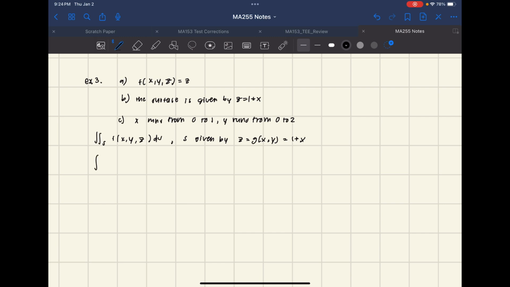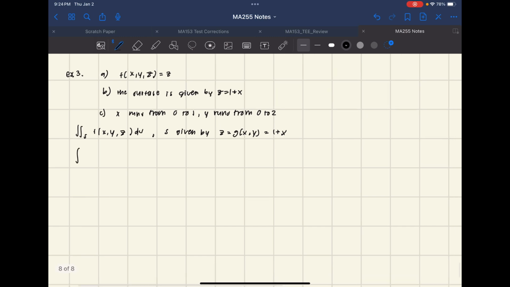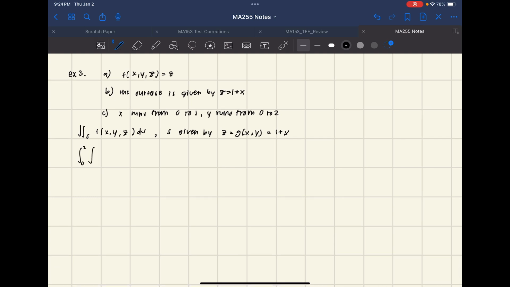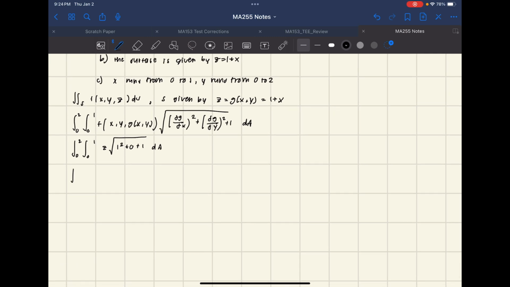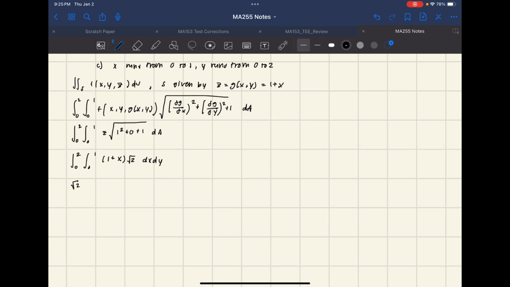And here the surface integral becomes, we're told that y runs from 0 to 2, and then x runs from 0 to 1. Take my rad 2 out.